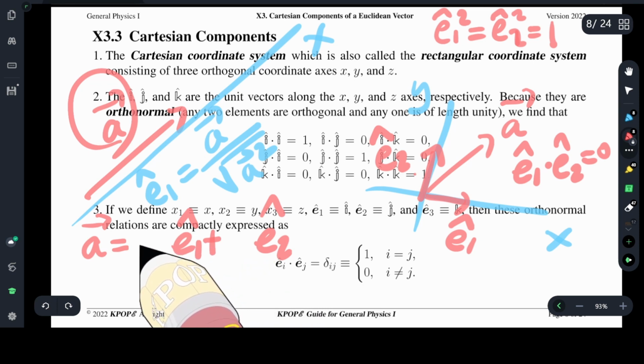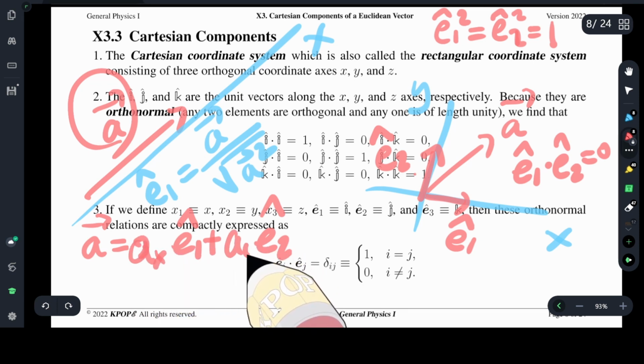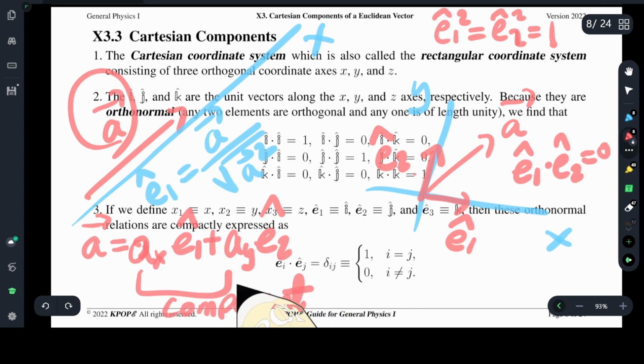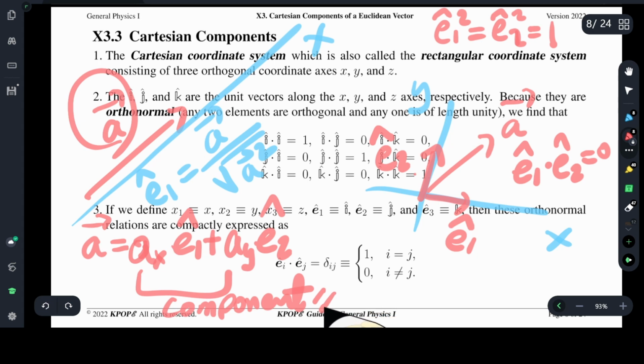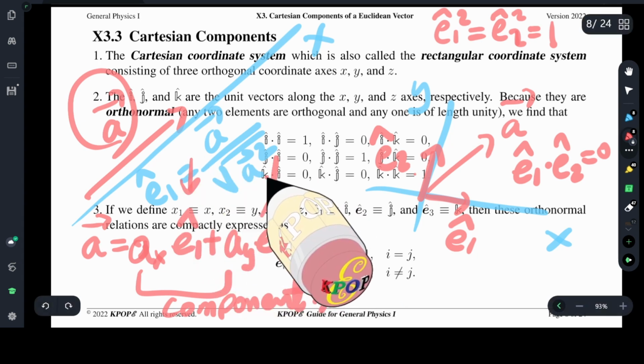Then the coefficients are called AX and AY. These are called coefficients and components: X component, Y component. When we say there is a component, the component is a coefficient of a basis vector.